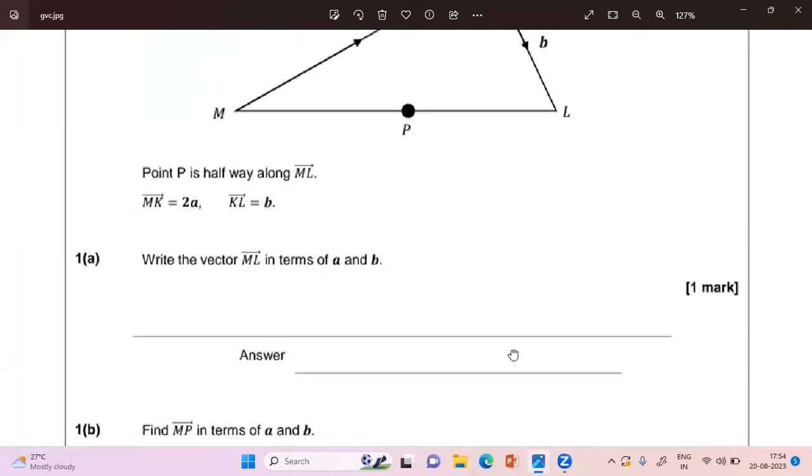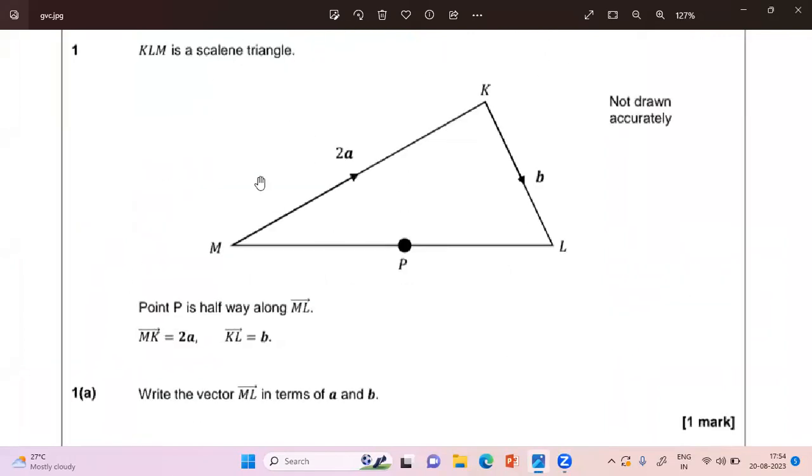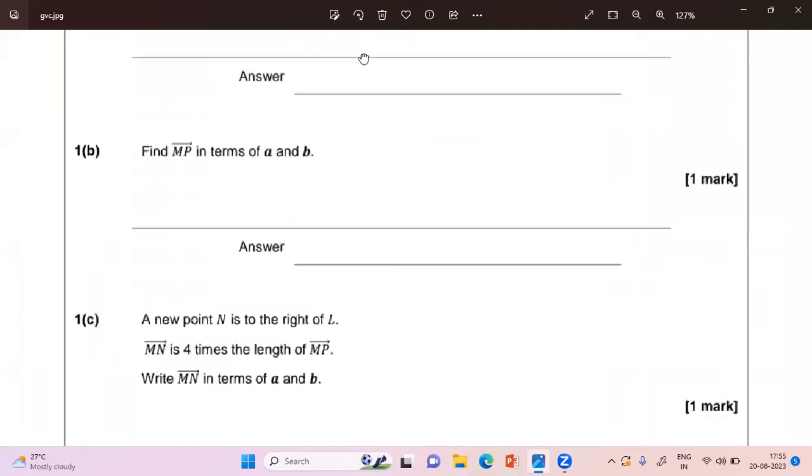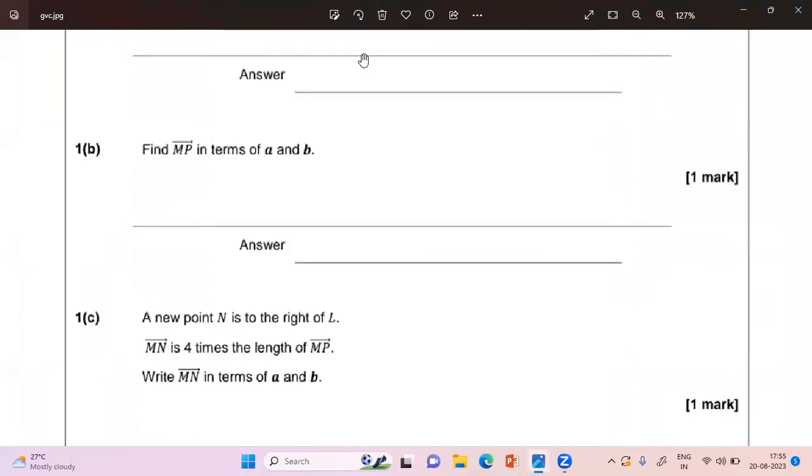I think you can read it now. Draw this triangle in your copy as well because there are other parts as well and I have to change the slides.